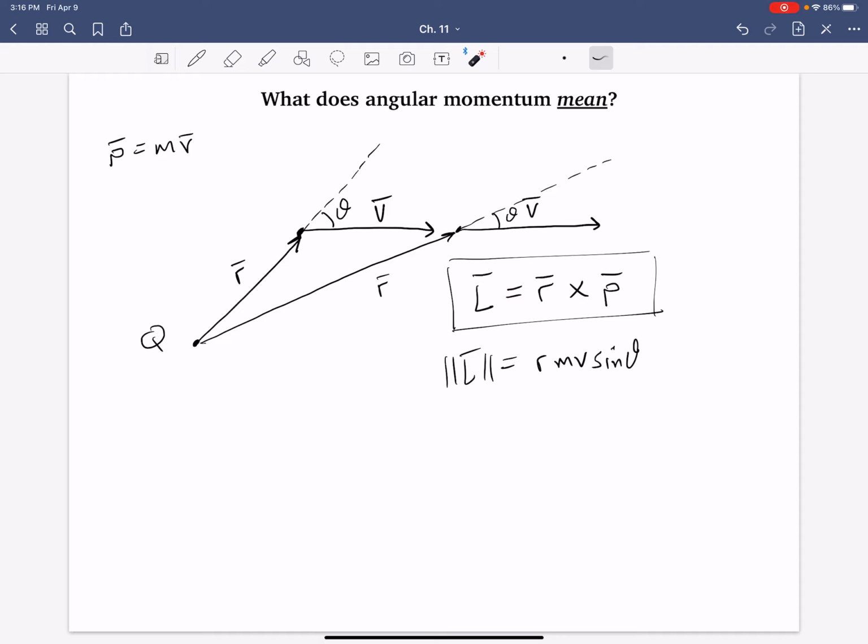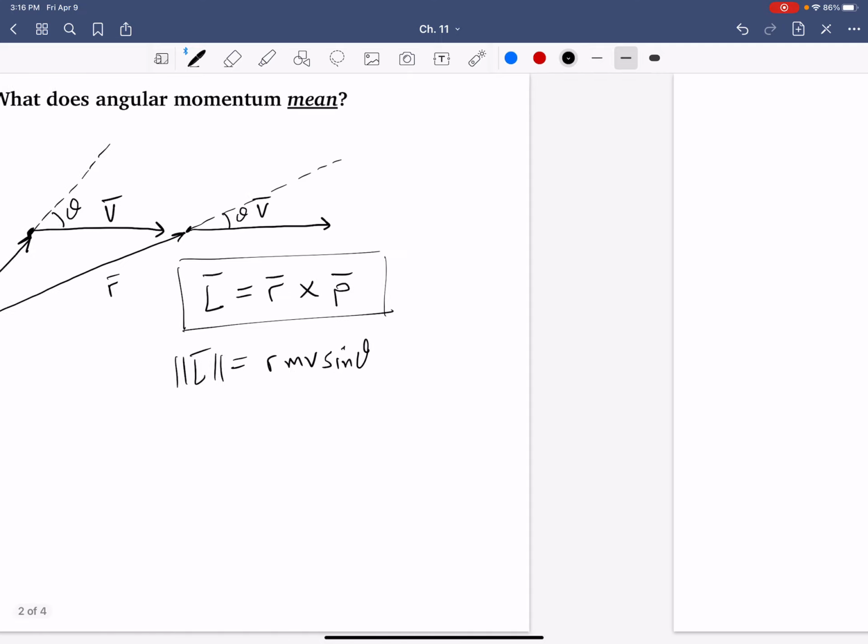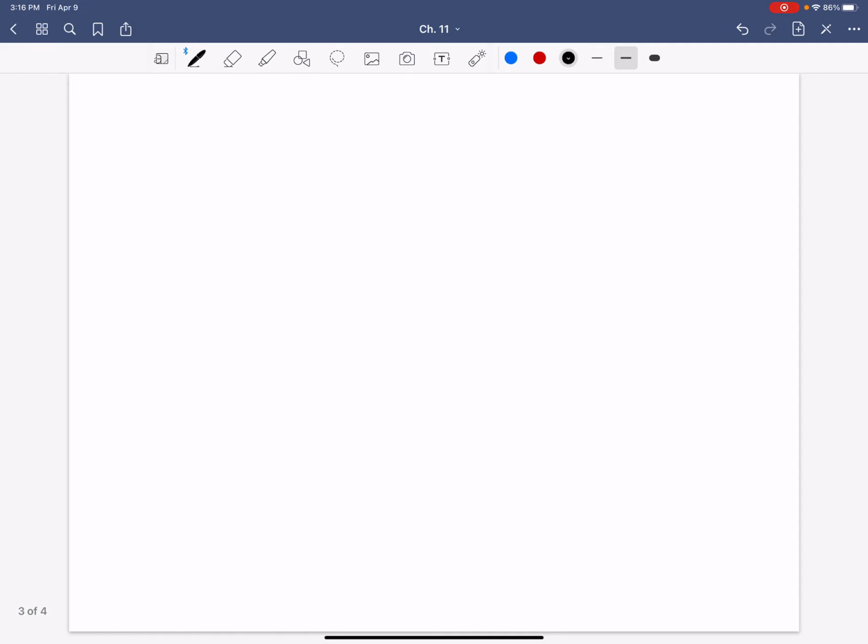If they all remain constant, then, well, L doesn't change, right? In the case I've just drawn here, theta changes and r changes, so the angular momentum overall changes. And we'll see that when the angular momentum changes, there must be an external torque, okay? So let's go to the next slide and let me show you why, okay?